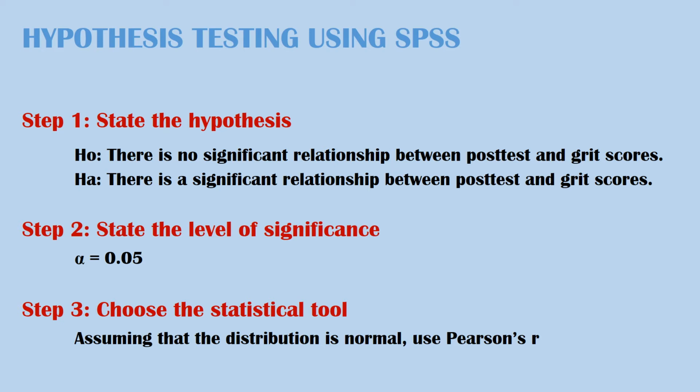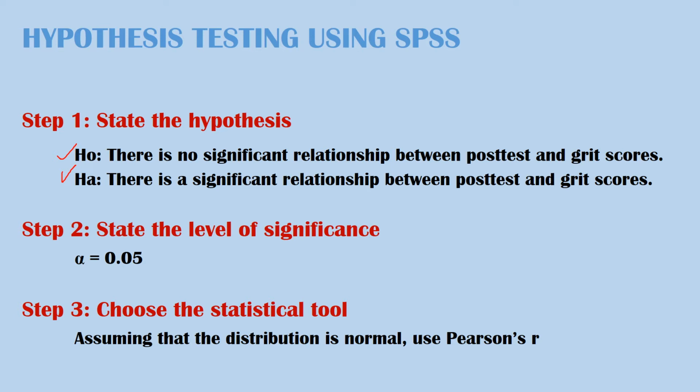So there are 2 types, the null hypothesis or H0 and the alternative hypothesis or HA. So our H0 or null hypothesis is there is no significant relationship between post-test and grade scores. There's no difference. While our alternative hypothesis is there is a significant relationship between post-test and grade scores.